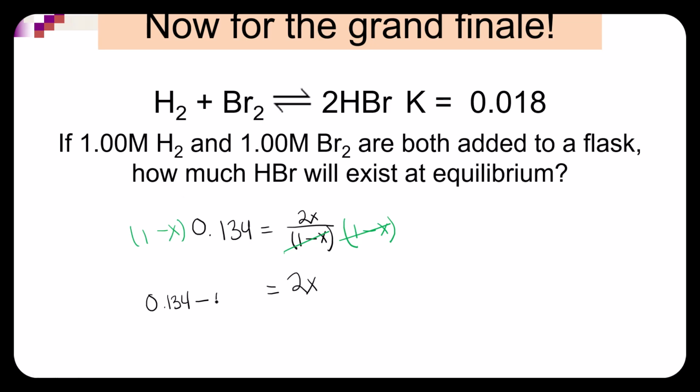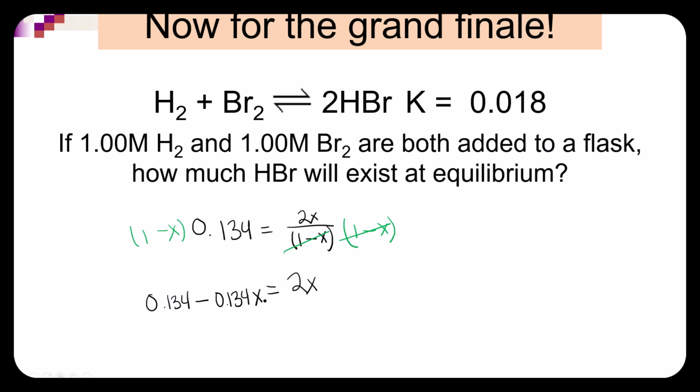So that's 0.134x. Now I want to get my x variables on the same side. Because this is not quadratic, I do not need to get a 0, right? I'm trying to just simply solve for x.